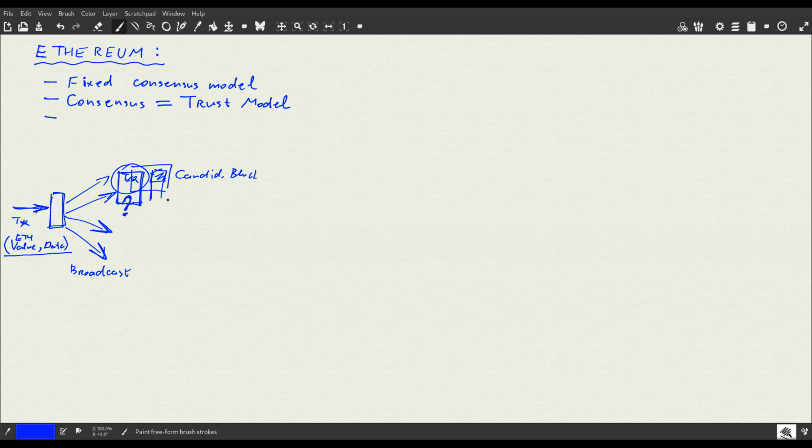and candidate blocks are built. Now, by using the consensus protocol across all nodes, and this consensus includes proof of work. So once a candidate block is built, each node is trying to hash it.